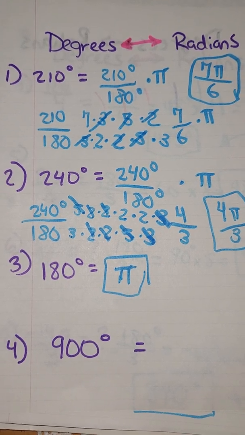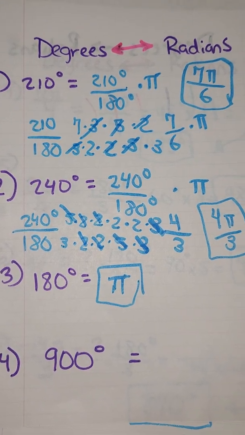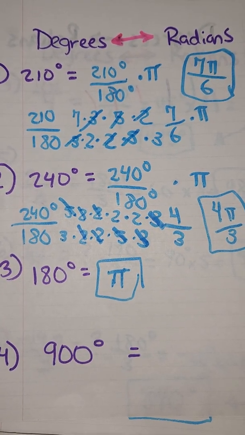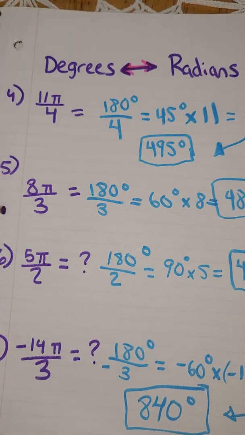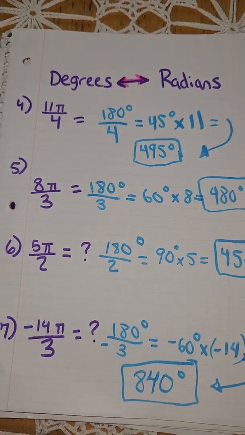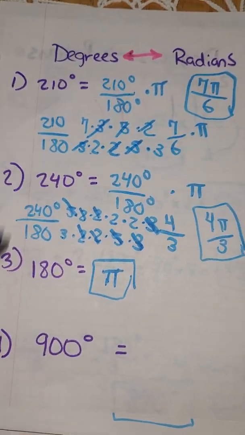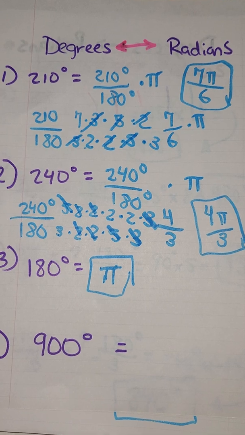Now the answer for the 900 degrees, we're going to go back to how we were solving these. Oh, no, wait. No, it's the same one. Sorry, I confused you guys.